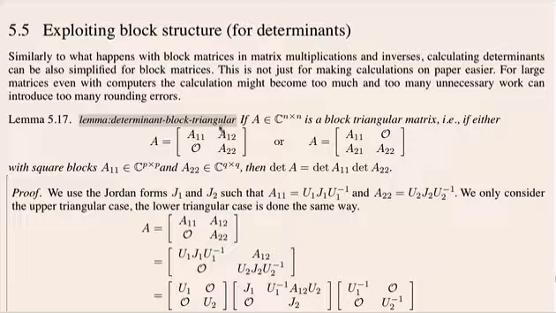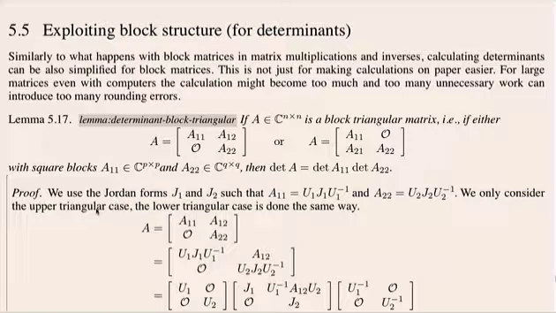Of course A12 is not necessarily square, but the diagonal blocks must be square. Then the determinant of the whole matrix A can be calculated as the determinant of the A11 block times the determinant of the A22 block.